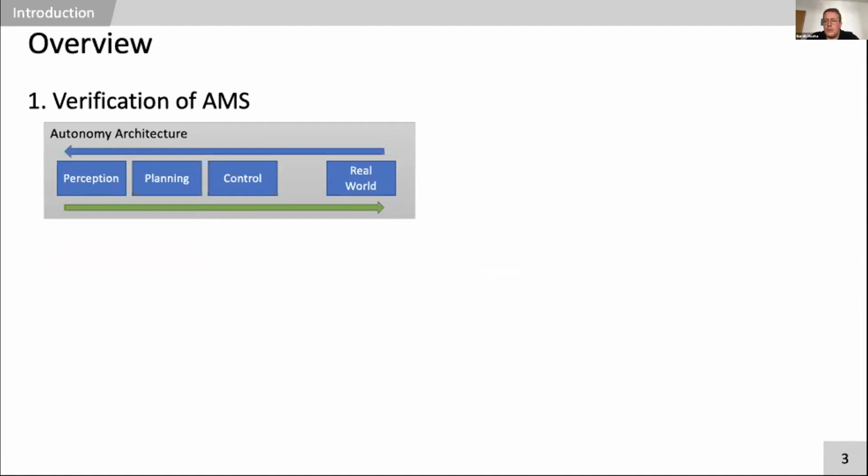We will look into various approaches in verification or testing of these systems, either as a whole or in each of their components. Of course, each of these components may have machine learning components in them. So, pretty much similar to the talks we heard from Stan, what are some of the approaches that let us deal with this scenario?